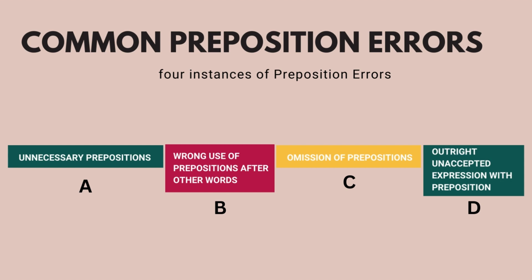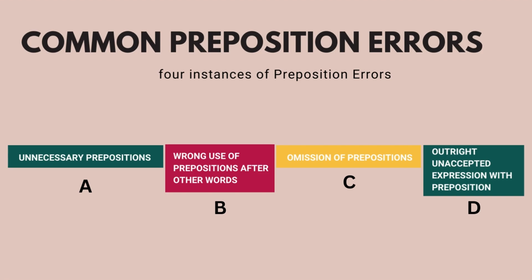The third, omission of the required preposition in a phrase. And lastly, this group I termed as outright unaccepted expression with prepositions. We are going to take them one by one and look at some examples under every one of them.